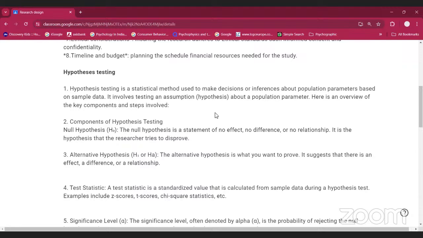Okay, so you are inferring the population based upon your sample data. Yes, sir. So that is the important part of hypothesis.